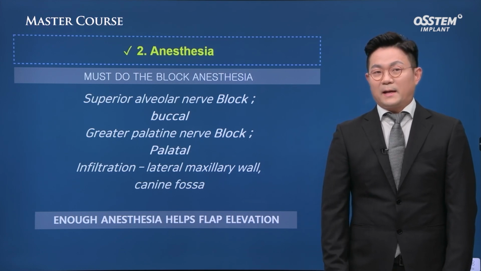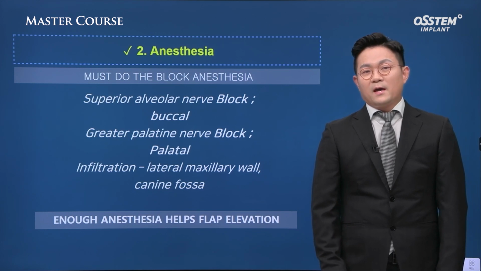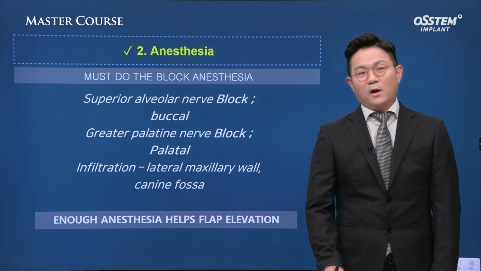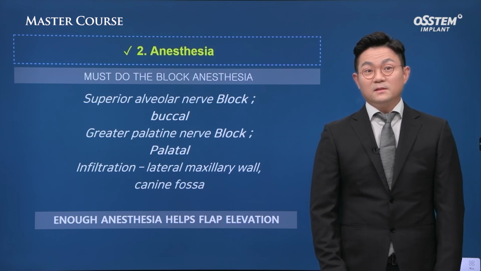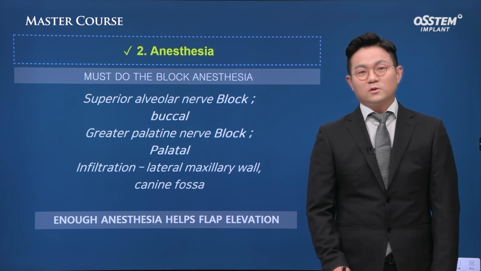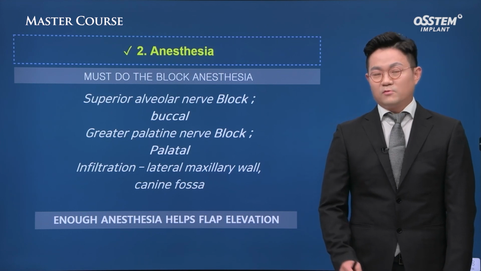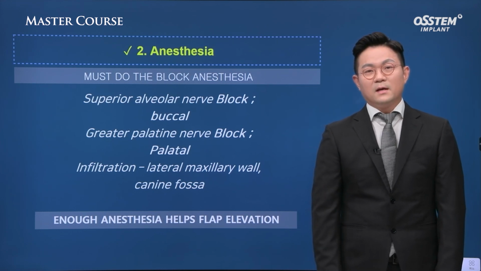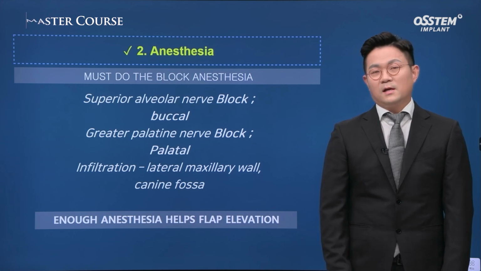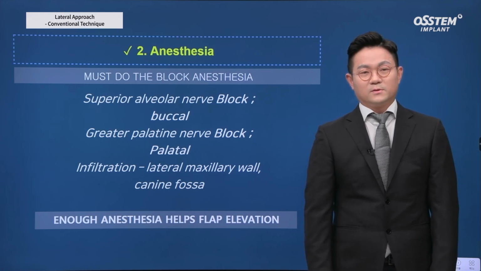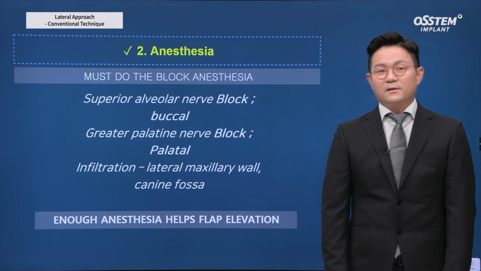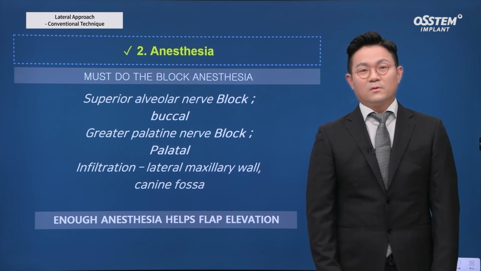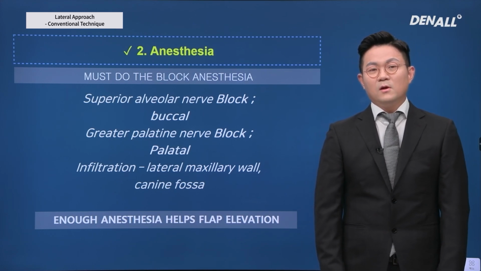One thing you should never forget is that the nerve distribution is up to the distal buccal root on the upper first molar. So for incision or window opening, you have to also think about anesthesia for nerves. And for the palatine side, you have to do nerve block.